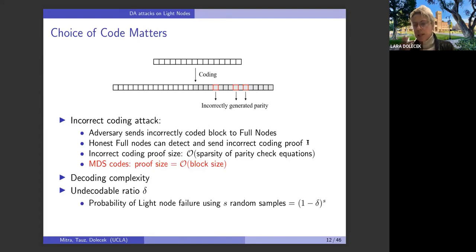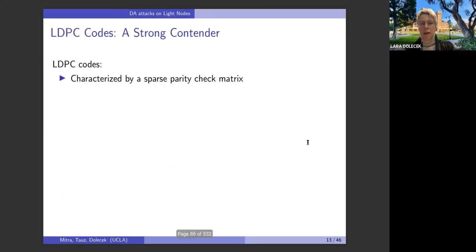That can be approximated as (1 minus delta) to the power of S. So we have seen that MDS codes provide protection and reduce the probability of failure relative to the uncoded case, but they do have burdensome computations. Let's see if there is another solution that can remedy some of the issues with MDS codes.